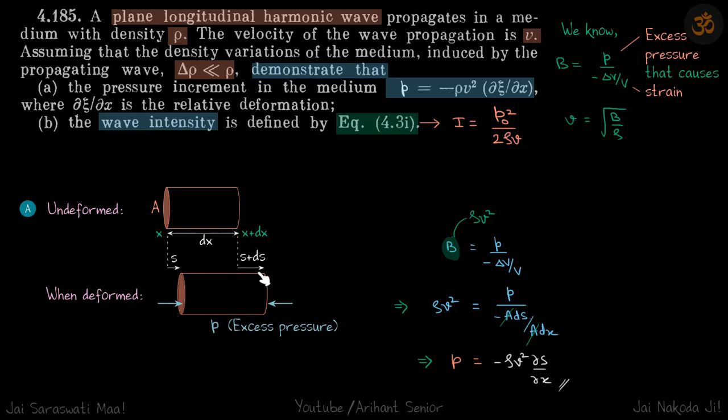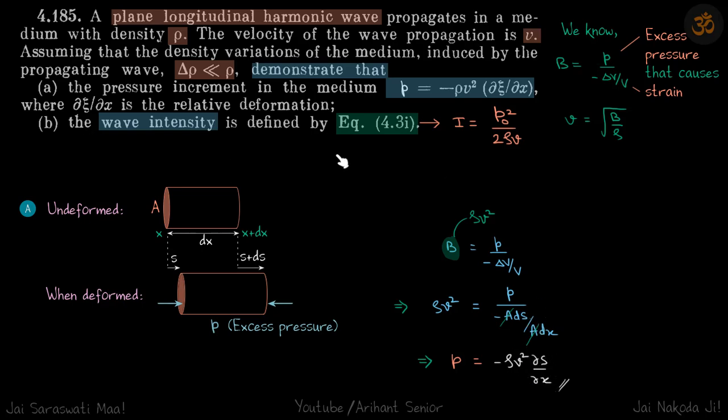So relative change in length is S plus ds minus S, that is ds, into area is delta V. So delta V is equal to A ds and V initial volume is A dx. So this becomes A ds by dx, A gets cancelled and P comes to be minus rho V square ∂S by ∂x. So we are doing this whole thing at a given time, so that's why we can write ds by dx as ∂S by ∂x.